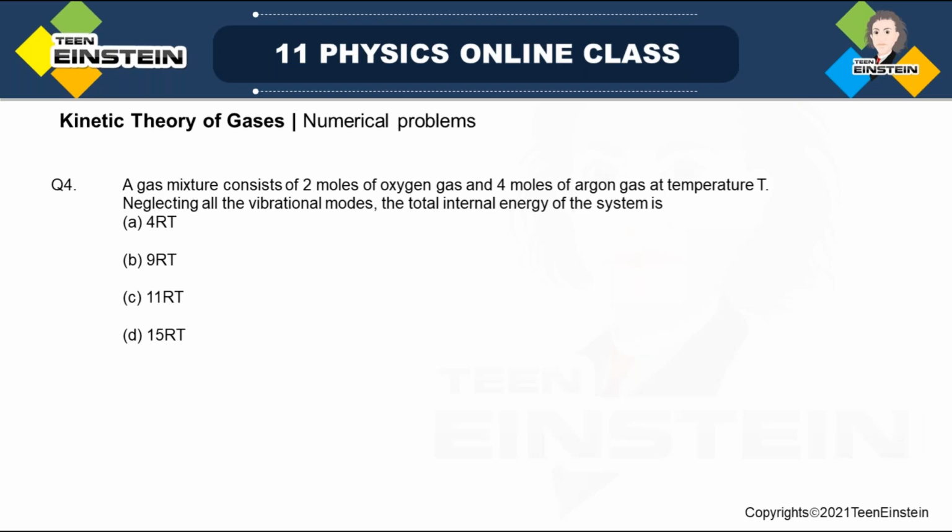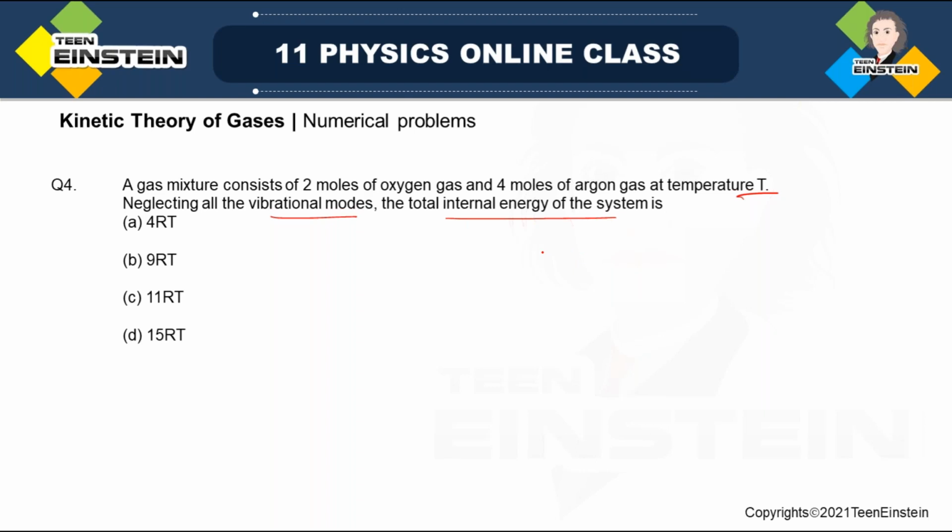Oxygen is a diatomic gas and argon is a monoatomic gas. So there are two different types of gas. They are mixed to get a gas mixture at temperature T. So you have to neglect the vibrational modes and then find out the internal energy of the system.